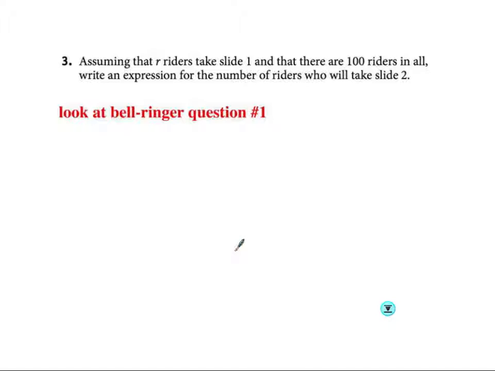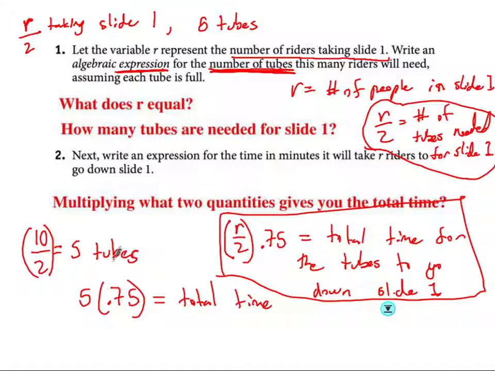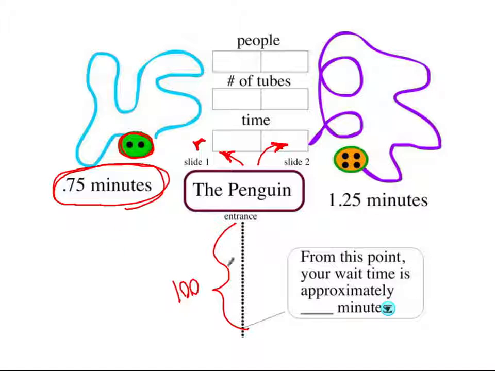Number 3, assuming that our riders take slide 1 and that there are 100 riders in all, write an expression for the number of riders who will take slide 2. Okay, there's 100 people in line. They either go to slide 1 or slide 2. There are R riders specifically going to slide 1. So how do I figure out how many are going to slide 2?